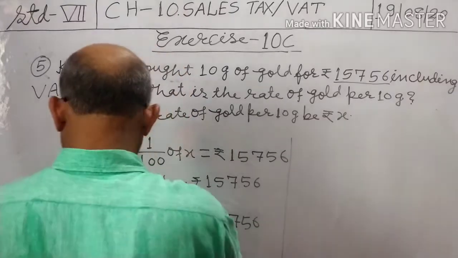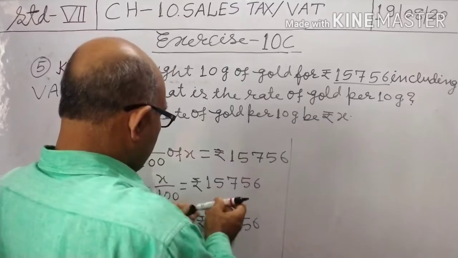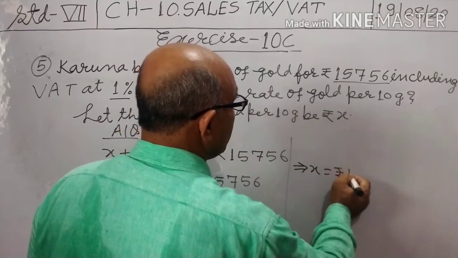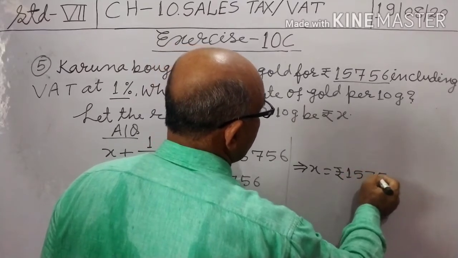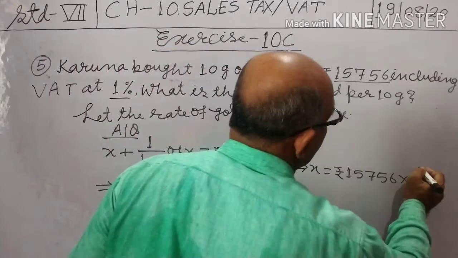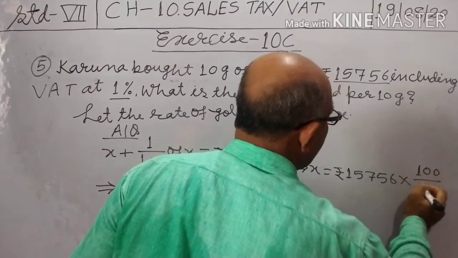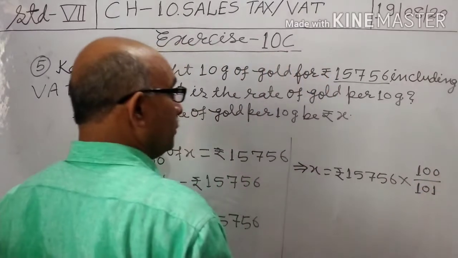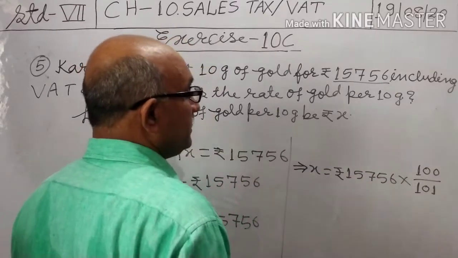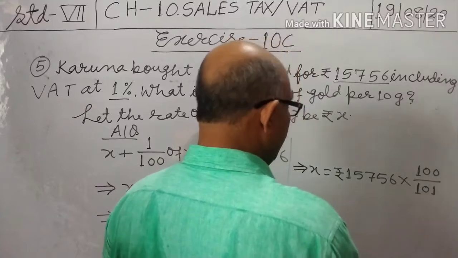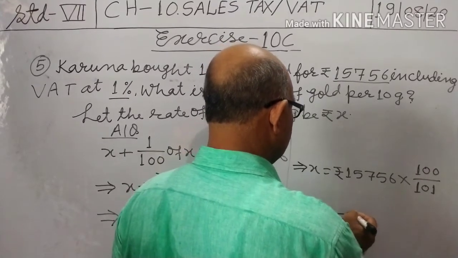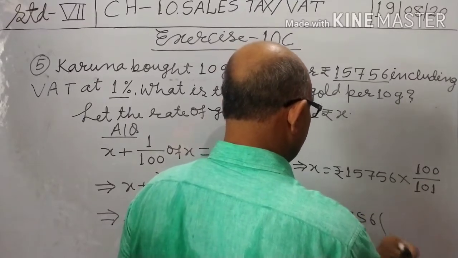Now that implies x equals rupees 15,756 into 100 by 101, by transposition. So divide it: 15,756 divided by 101.